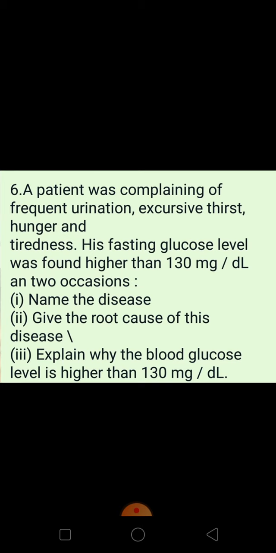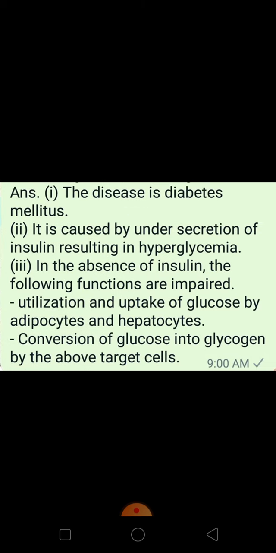So, name the disease, give the root cause of the disease, and explain why the blood glucose level is higher than 130. So the disease is diabetes mellitus, and this disease is caused due to the under secretion of insulin hormone. As you all know, insulin hormone is secreted by the beta cells of pancreas.